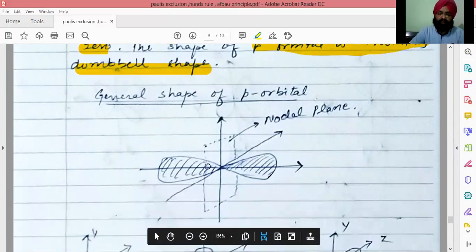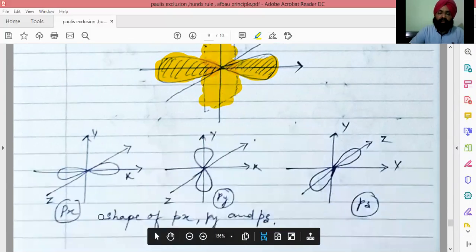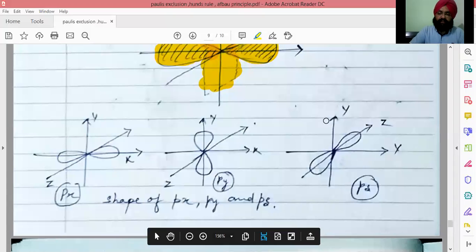This is a picture of a general p orbital. On the axis, there are two lobes, and the electron finding probability is in these areas, and this is the nodal plane, where the electron density is almost zero. And these are the three px, py, and pz lobes, representing the three different p orbitals. One more important thing: px, py, and pz have nothing to do with minus 1, 0, and plus 1.